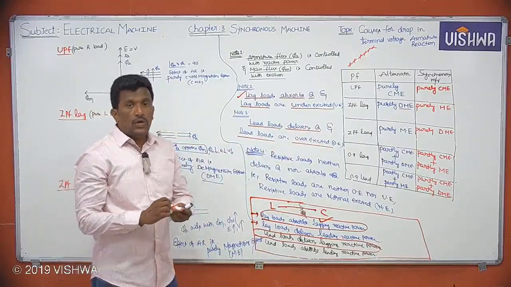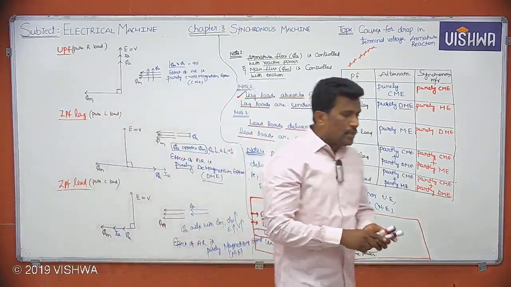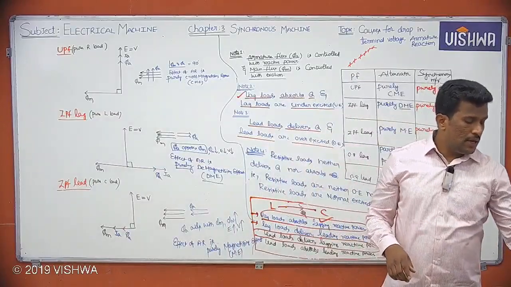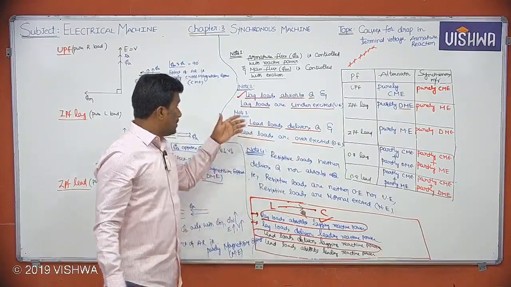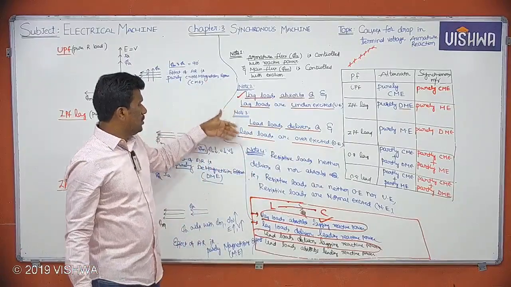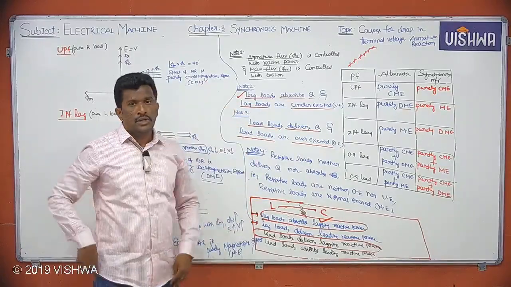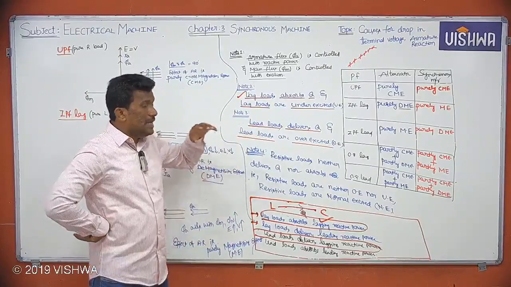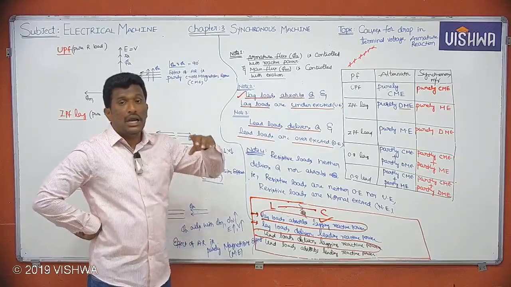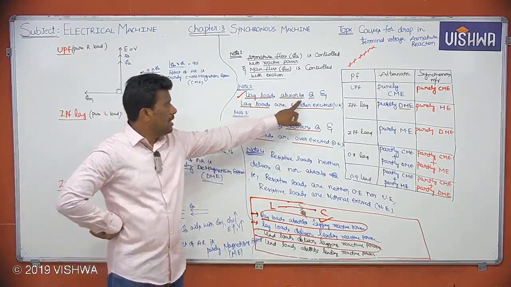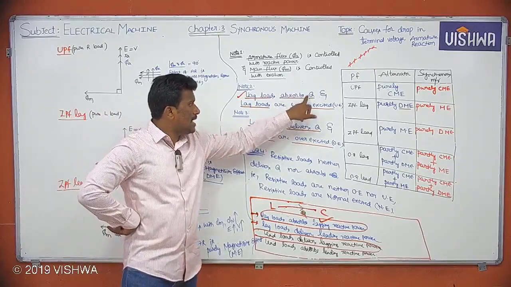I don't want to make you confused. Simply, regarding the machines point of view, whatever the notes, note 2, note 3, note 4 I had given here, I indirectly discussed lagging reactive power, but I did not mention lagging or leading.